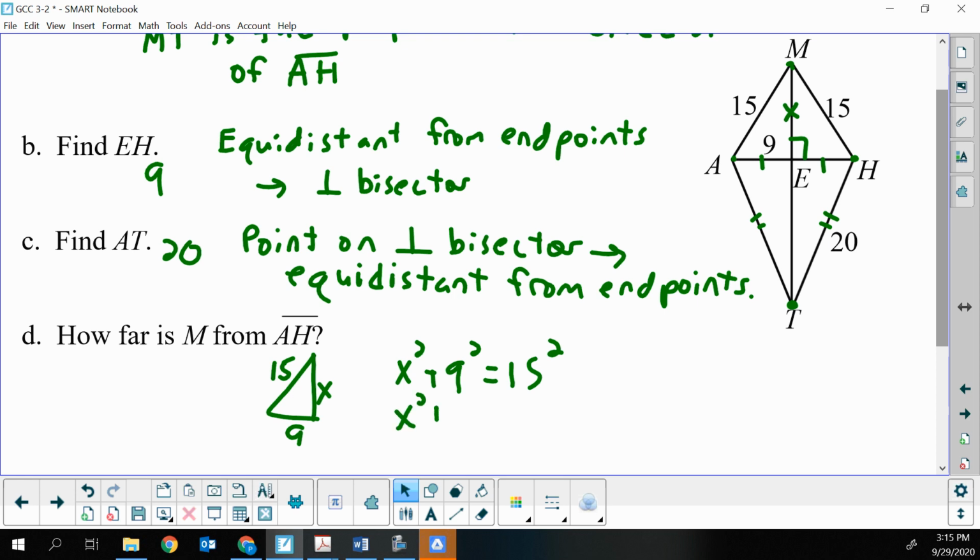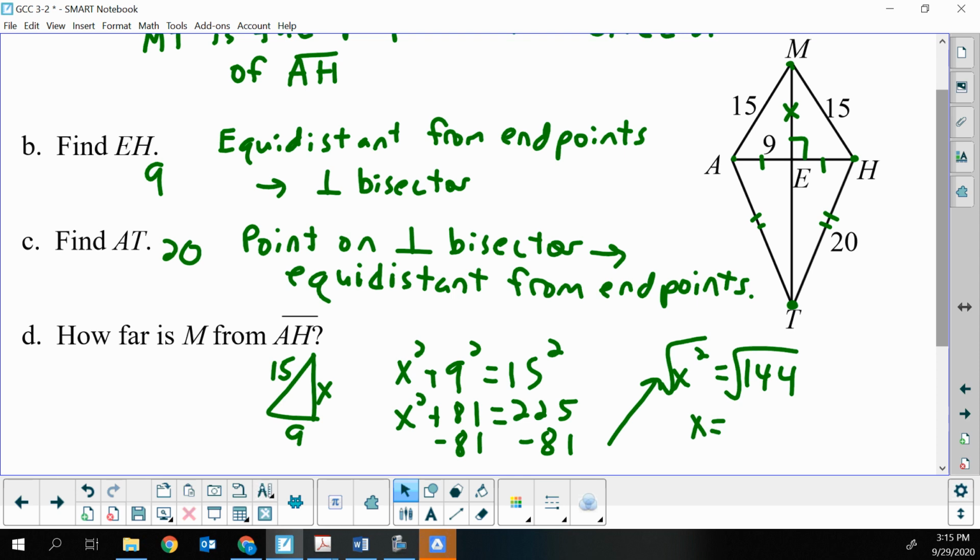That's x squared plus 81 equals 225. Subtract the 81, and we'll get x squared is equal to 144. And take the square root, and we'll get x is 12.